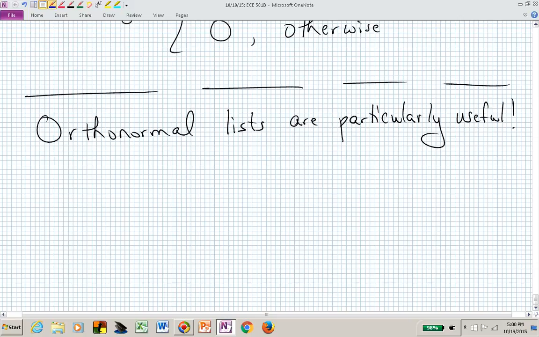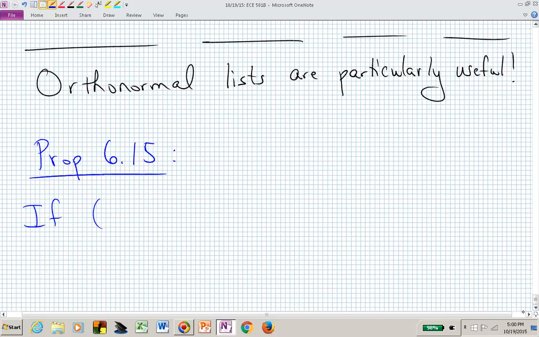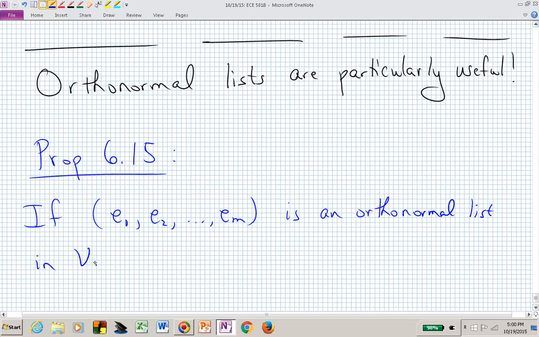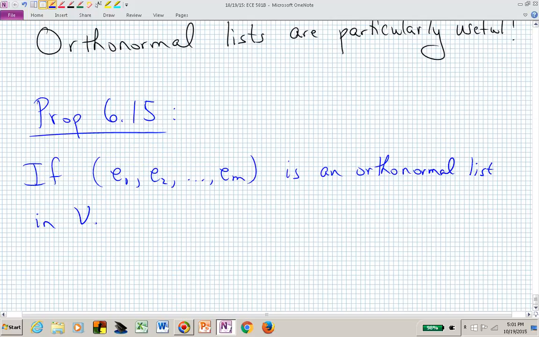And if that's the case, then there must be all sorts of propositions associated with this. All right, so let's look at one of those. Proposition 6.15 says that if we have a list E sub 1, E sub 2, through E sub m, and this list is orthonormal in our vector space V, that's what we're given.